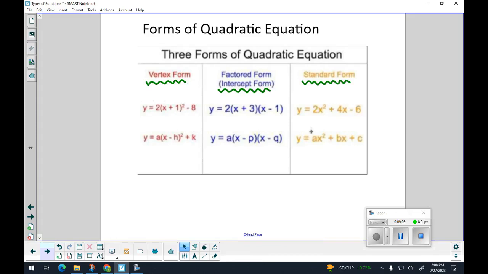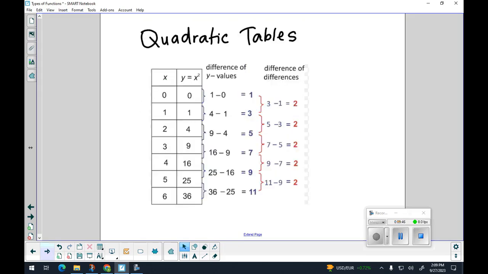So go ahead and write this down. Hopefully you have a chance to write this information down. Again, these are the three forms of the quadratic equation specifically that we need to know.